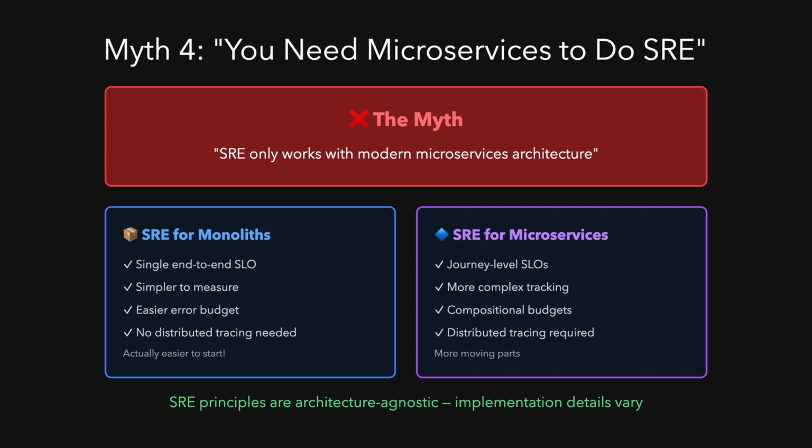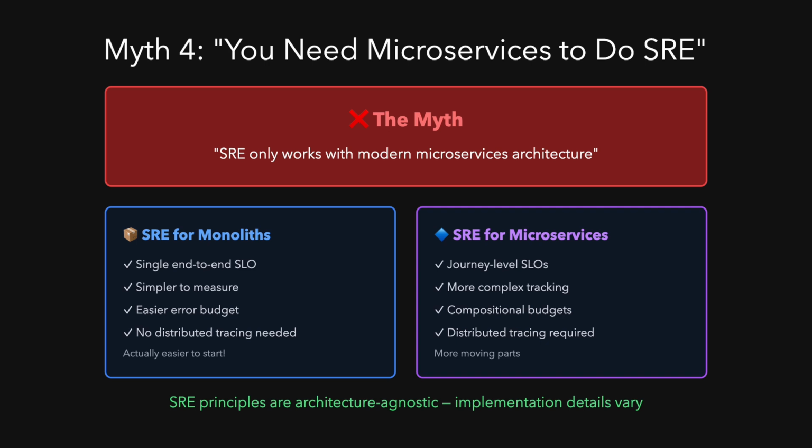Microservices SLOs are more complex, need journey-level SLOs spanning multiple services, require distributed tracing to debug violations, and compositional error budgets. But both can benefit from explicit reliability targets, error budget thinking, measurement, and data-driven decisions. So SRE principles are architecture agnostic.